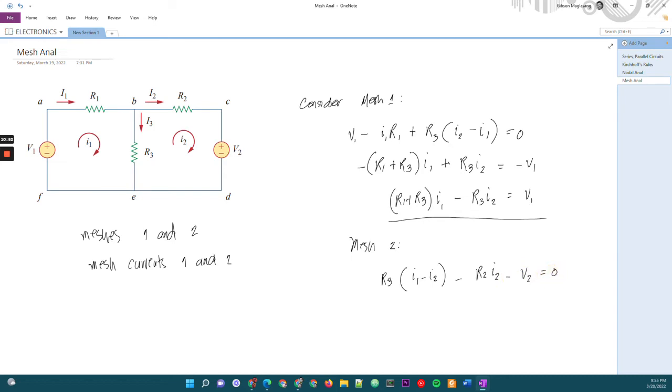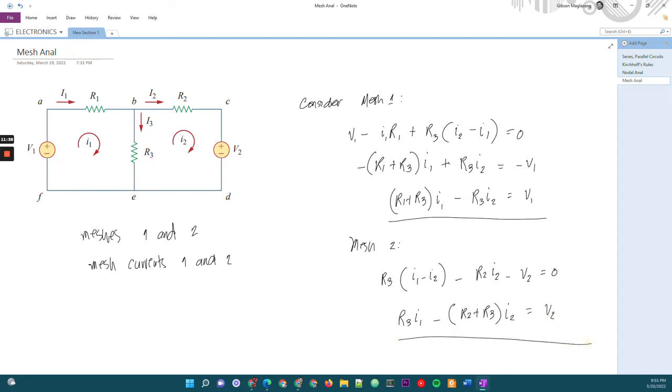And then again, combining similar terms, the same variable I1, we have R3 I1, right? And then we have minus R2 plus R3, I2, right? This is V2. Okay, so we have this equation.